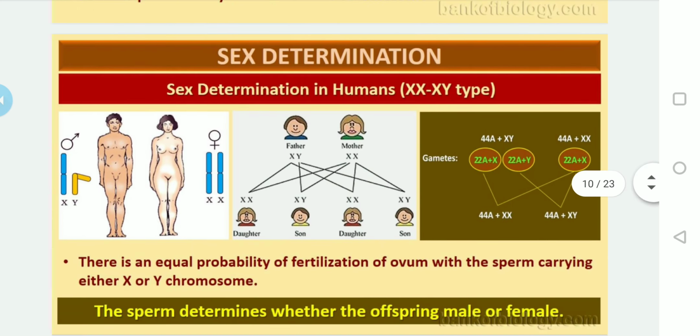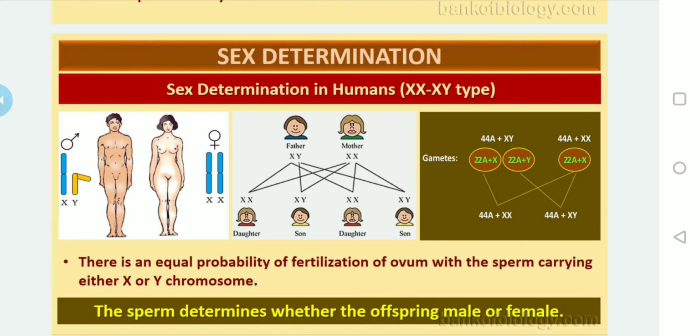What about the other case? There is an equal probability of fertilization of the ovum with a sperm carrying either X or Y chromosome. Fertilization of the ovum with a Y chromosome carrying sperm results in a male offspring.